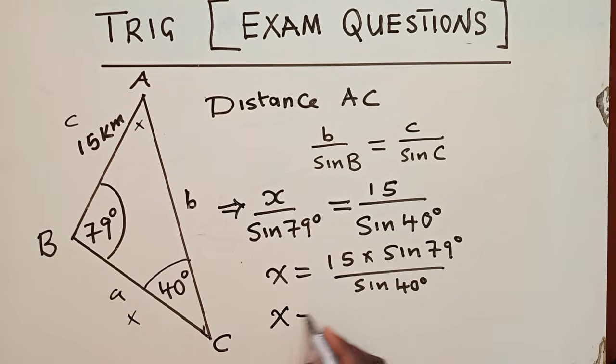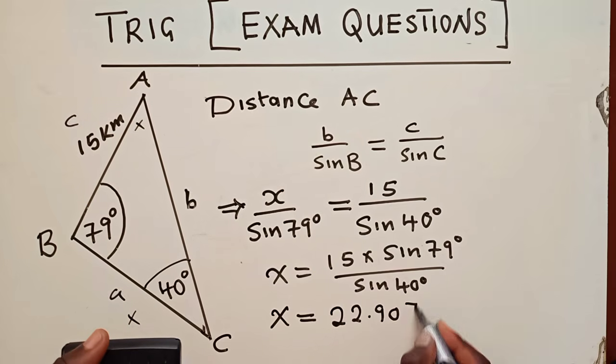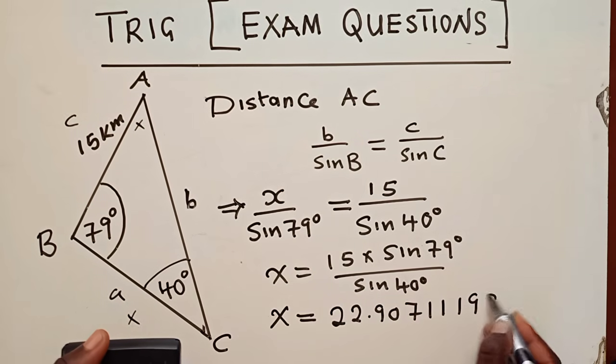From this stage, we can punch on our calculator, and make sure the calculator you are working with is in degrees. So 15 multiplied by sine 79, I'm getting 14.72440775. Then divide by sine 40, and you get 22.90711198.